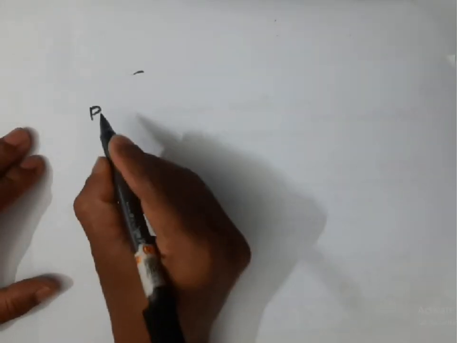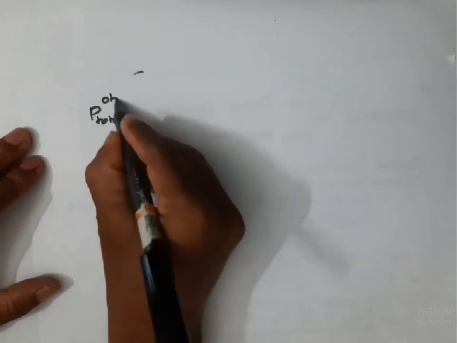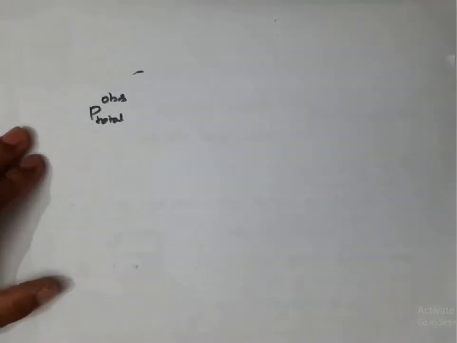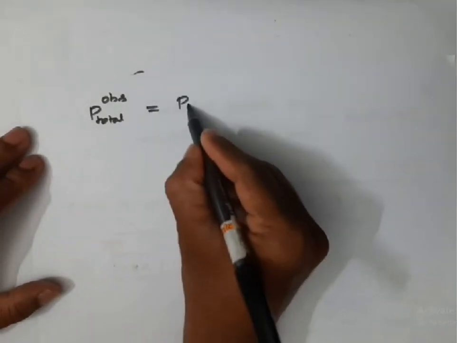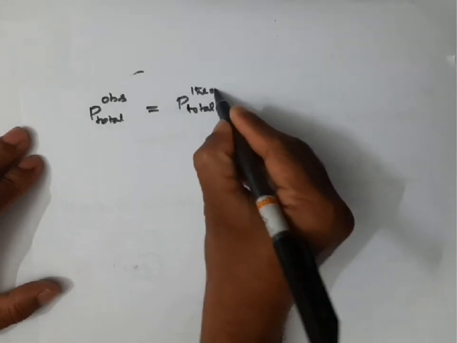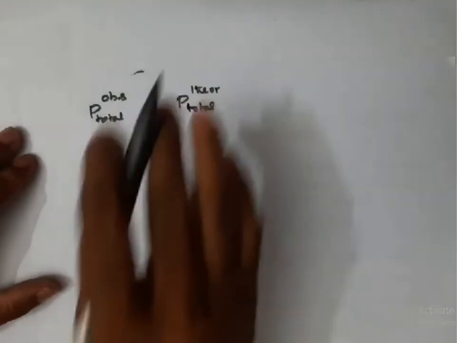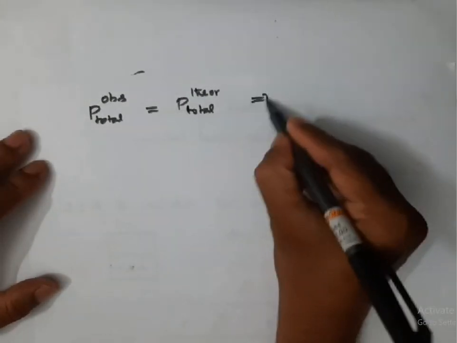If the total pressure observed, meaning experimentally measured, is equal to the total pressure calculated using Raoult's law, we call that solution an ideal solution.